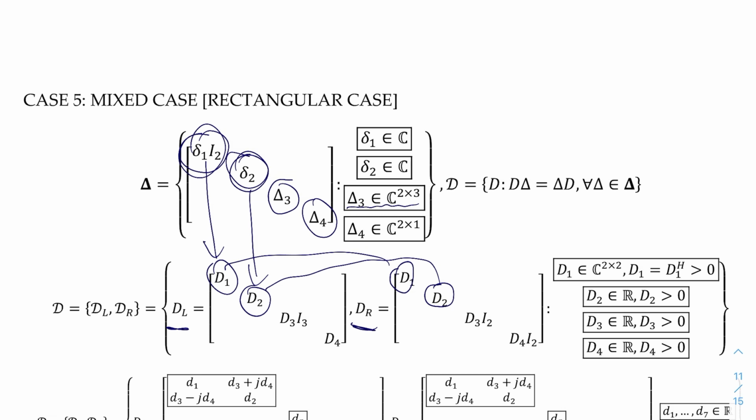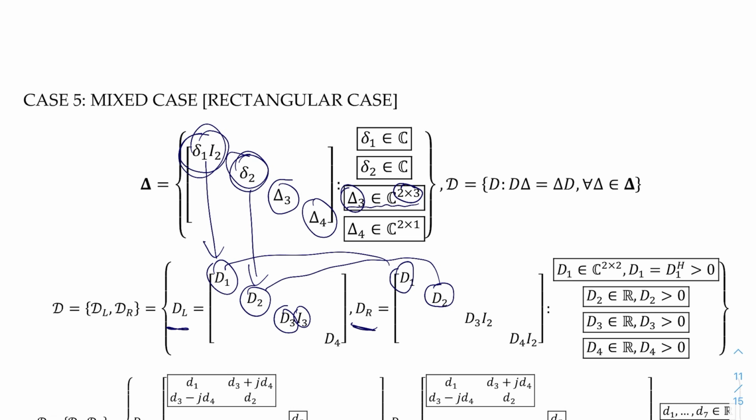For rectangular, you would generally have a full unstructured capital Delta matrix. And whenever you have unstructured delta, you would have some real times identity.